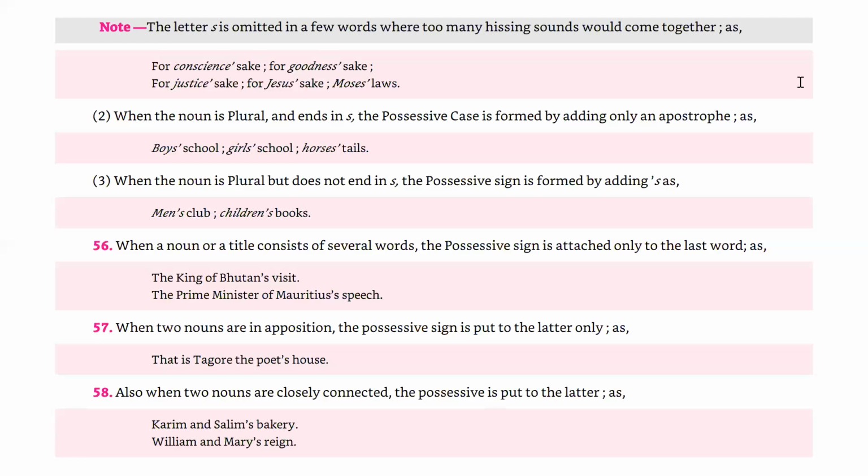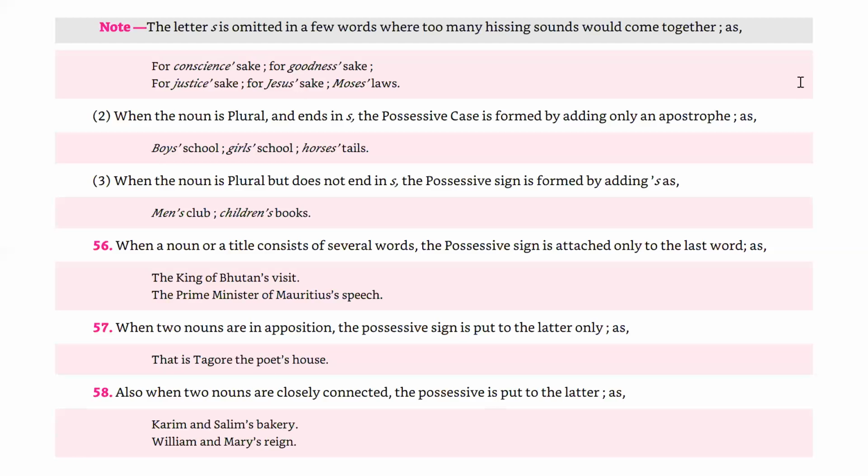Do not make it like boys's school, girls's school. That is wrong. If the noun in the plural form has a different structure, like man becomes men, the possessive case should be formed by adding apostrophe S, men's club, children's books. Okay, here there is no problem.